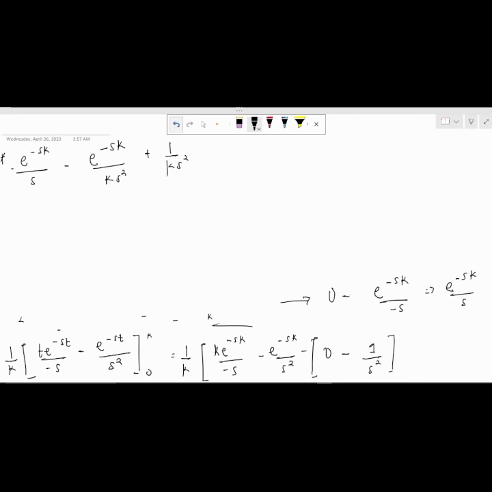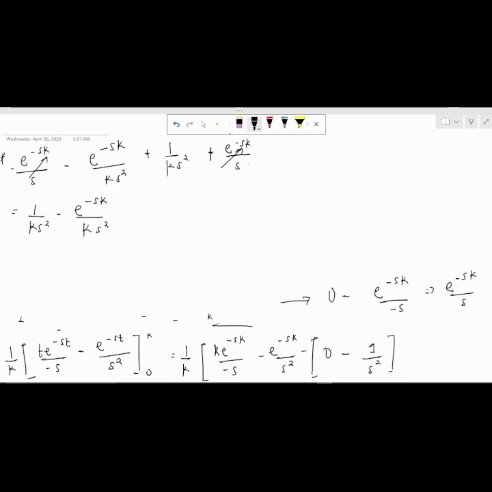Now remember that we had this before, so we're having this. So we have plus e raised to power minus sk over s. Now these two should cancel out to the same thing. So this gives us 1 over k s squared, minus e raised to power minus sk over k s squared.